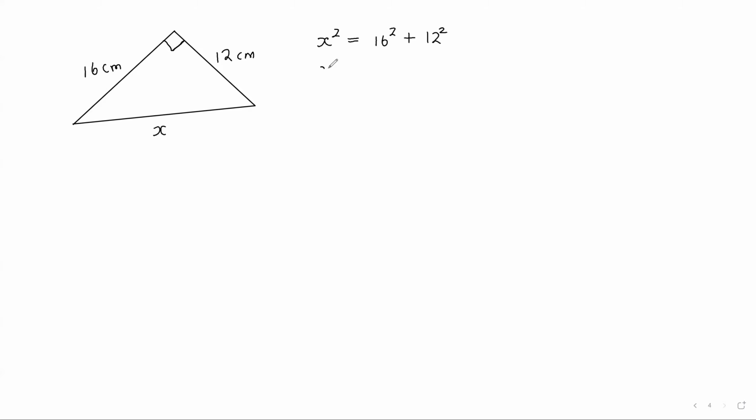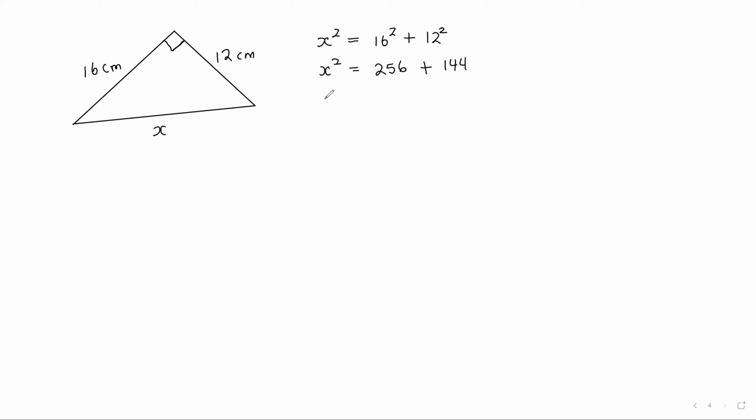And then the second line would be 256 plus 144. So what would that be?